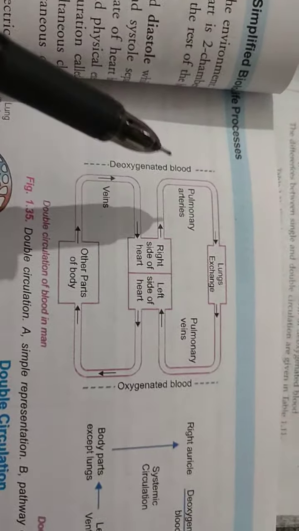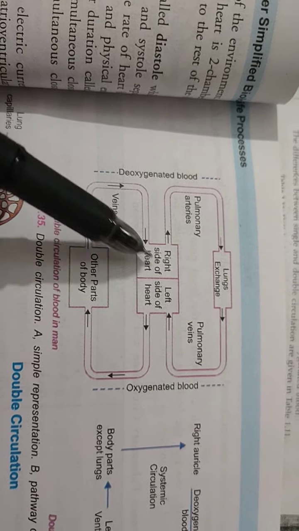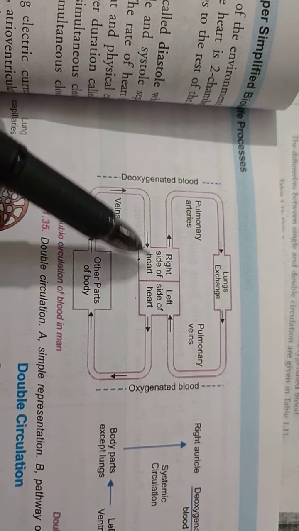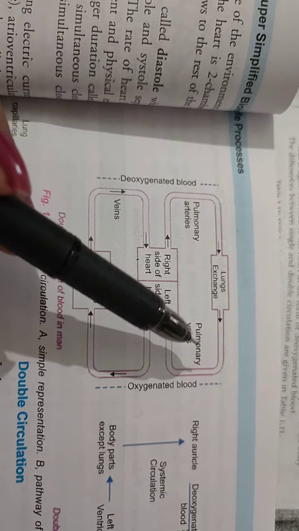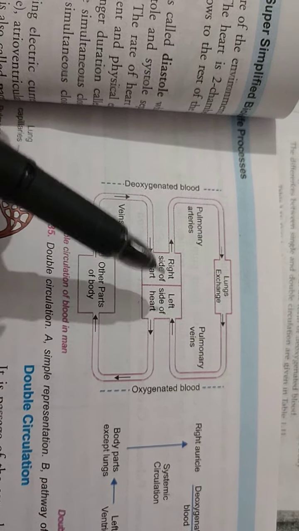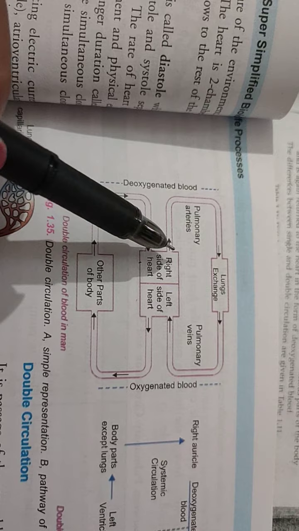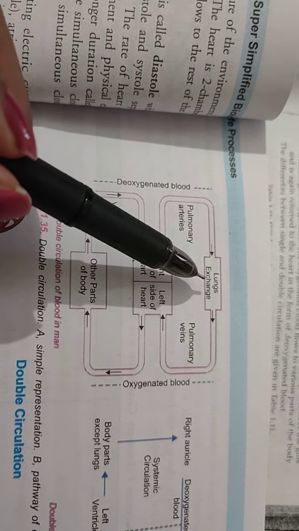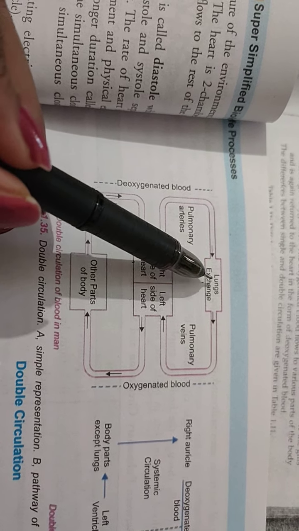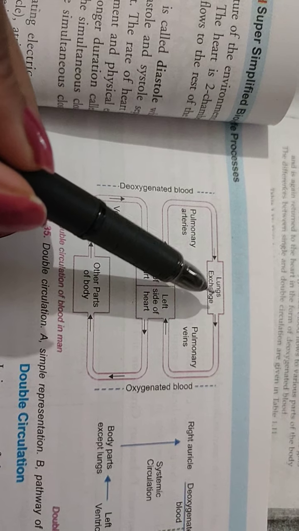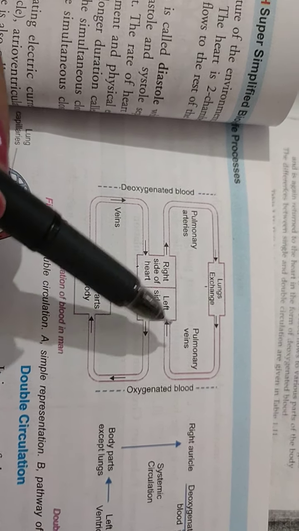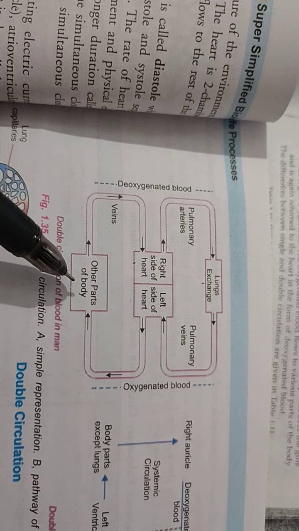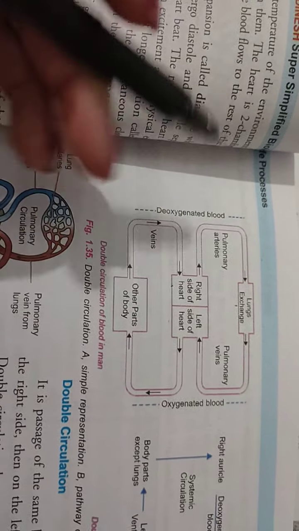You can see here also that this is the right side of the heart, the left side of the heart. Here the pulmonary arteries, pulmonary veins, and you can see the deoxygenated blood goes to lungs, and it gets exchanged by oxygen and becomes oxygenated and then is transported to other parts of the body.